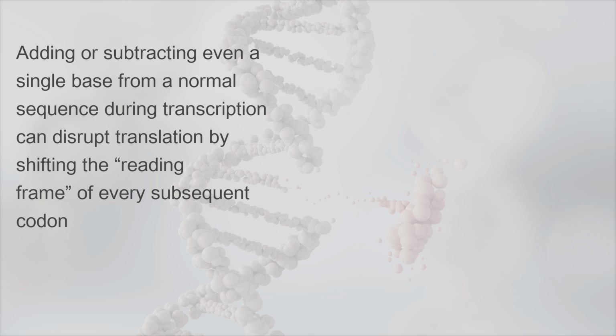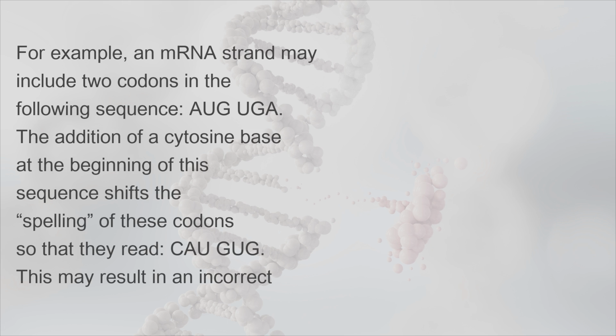Adding or subtracting even a single base from a normal sequence during transcription can disrupt translation by shifting the reading frame of every subsequent codon. For example, an mRNA strand may include 2 codons in the following sequence, AUG UGA. The addition of a cytosine base at the beginning of the sequence shifts the spelling of these codons so that they read CAUGUG.